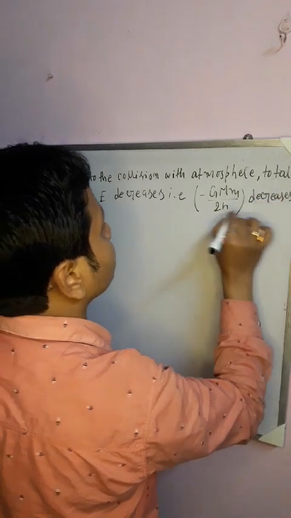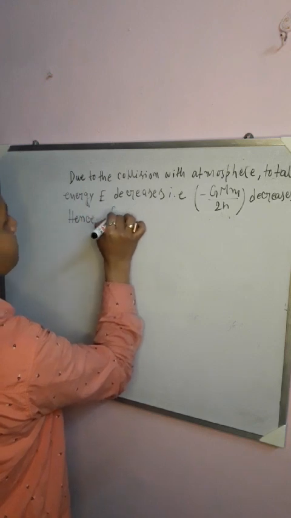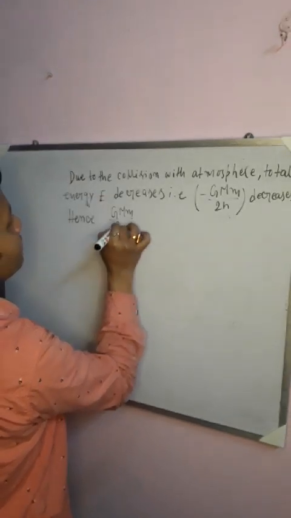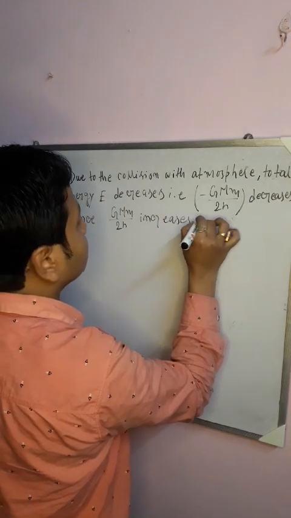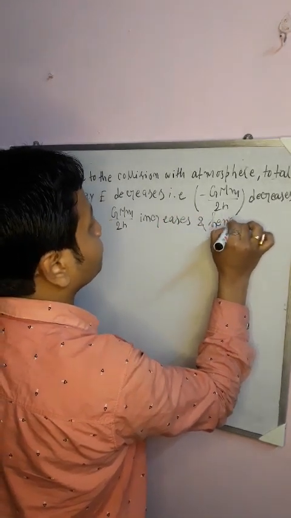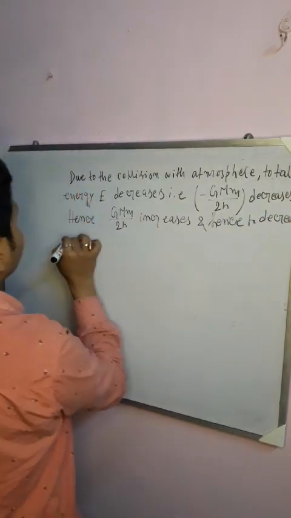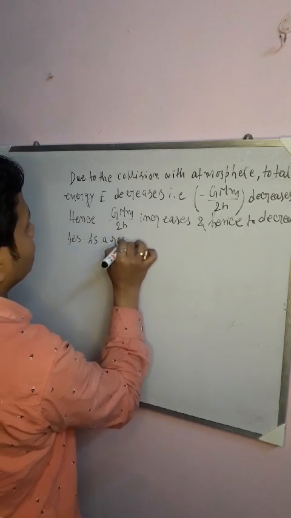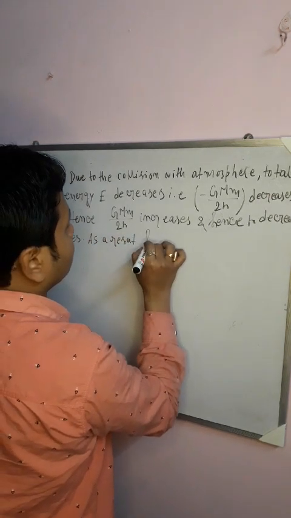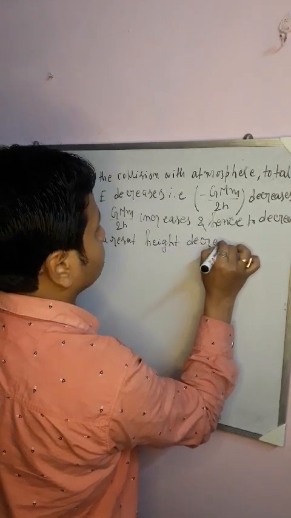So minus GMm by 2r decreases means GMm by 2r increases, and hence r decreases. As a result, the height decreases.